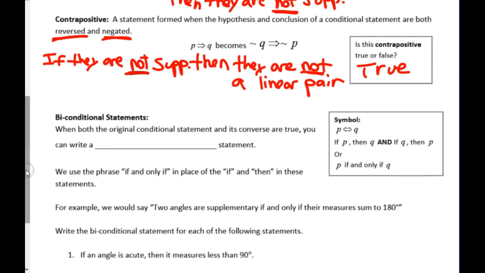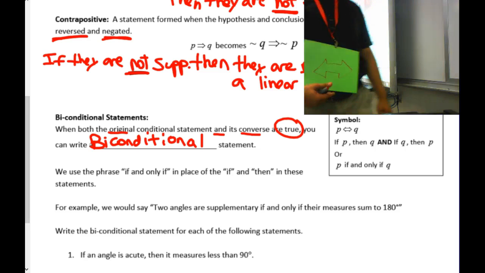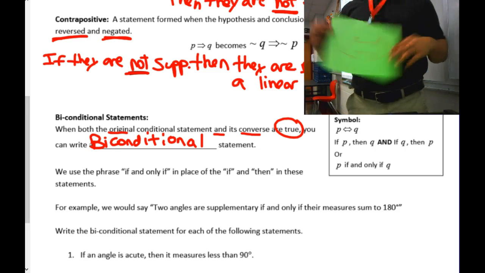It's biconditional. Now, when both the original conditional statement and the converse are true, that's called a biconditional statement. Now, check it out. Don't blink. I got one new thing. Oh, whoops.